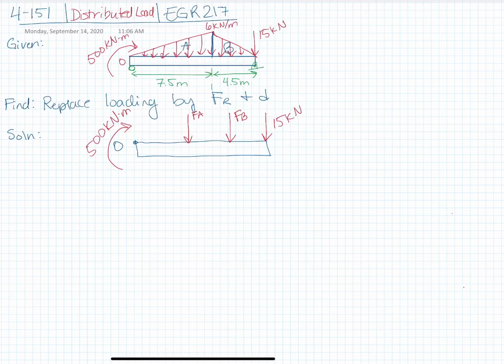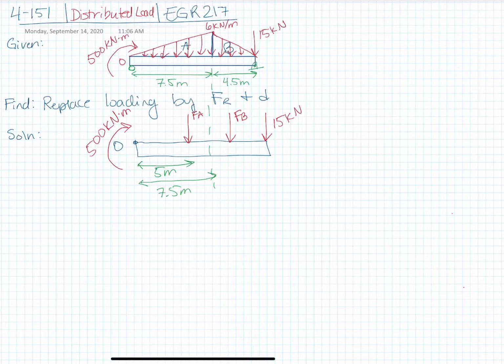We can figure out the distances really quick. So the distance to FA is going to be 2/3 of that 7.5 meters, so that'll be 5 meters. And then we know the distance to the edge of those triangles was that 7.5 meters.